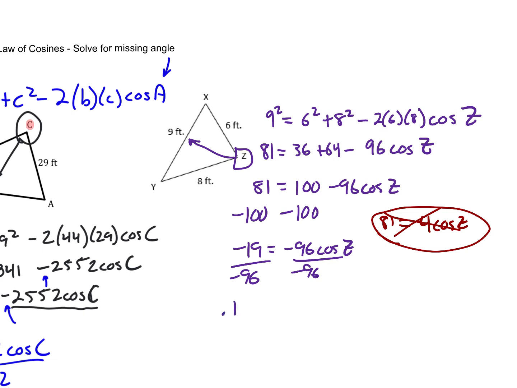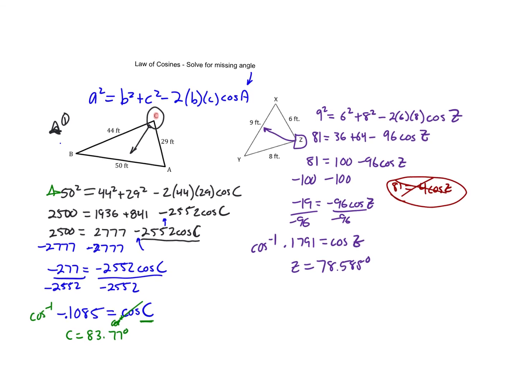So you have 0.19791. If I take cosine inverse of that, I get Z is equal to 78.585 degrees.